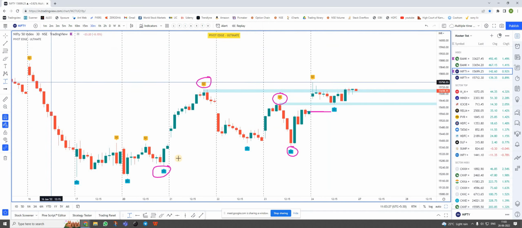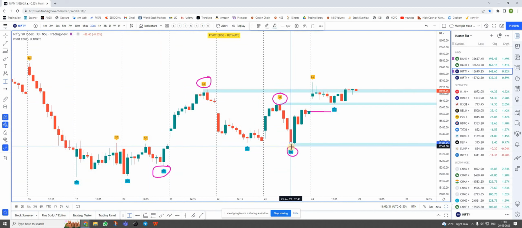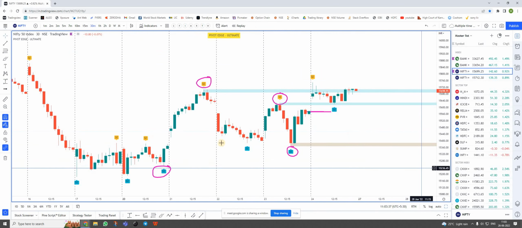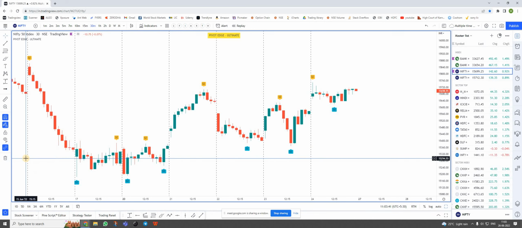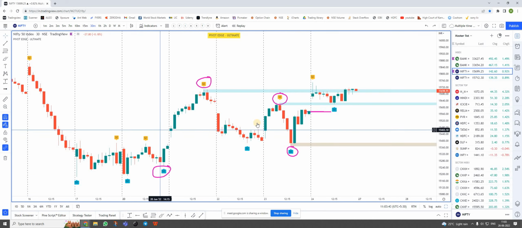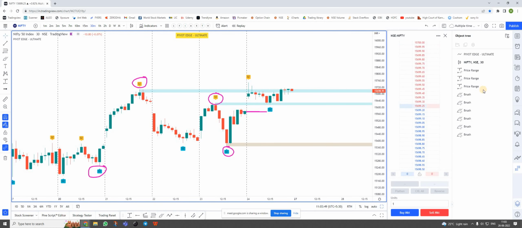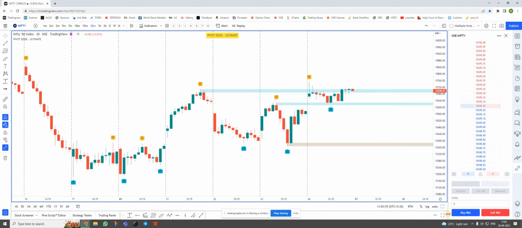Now for demand zone also I'll mark. Normally you can mark this in a 15 minutes, 30 minutes, or 1 hour time frame. Now I'll come back to my regular trading time frame.